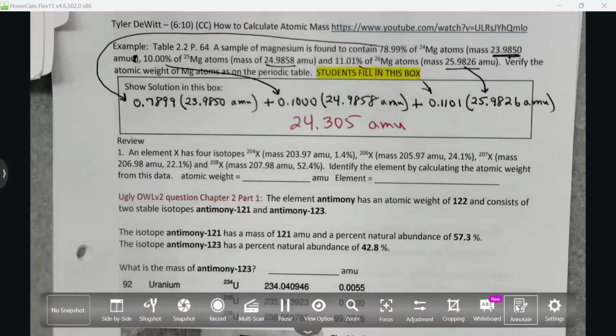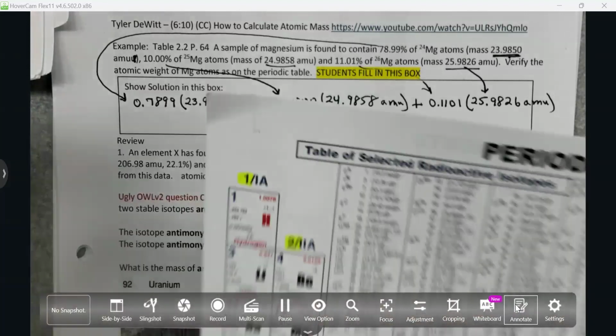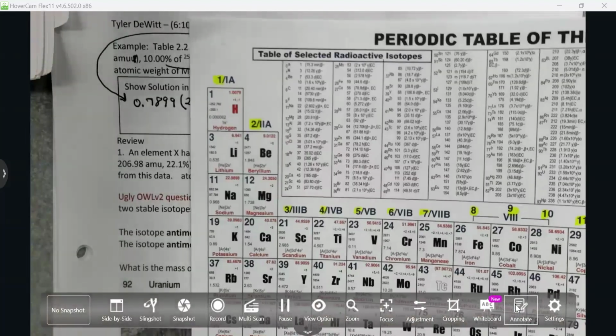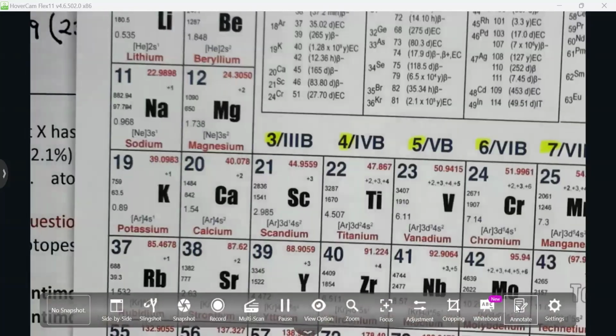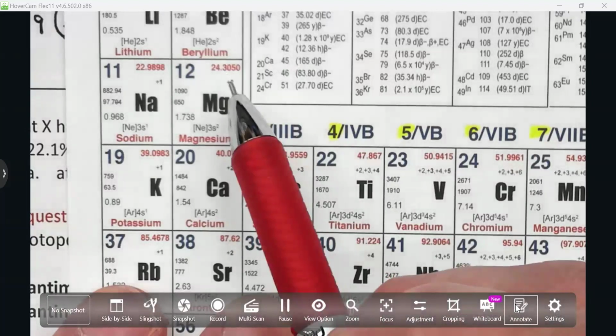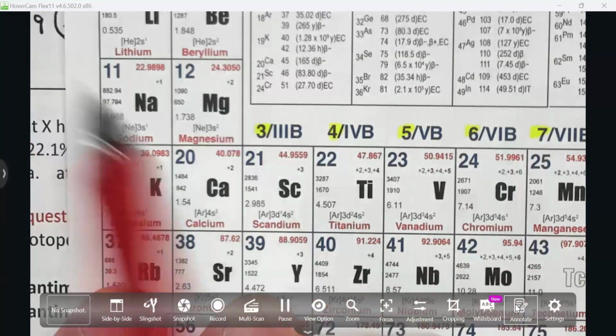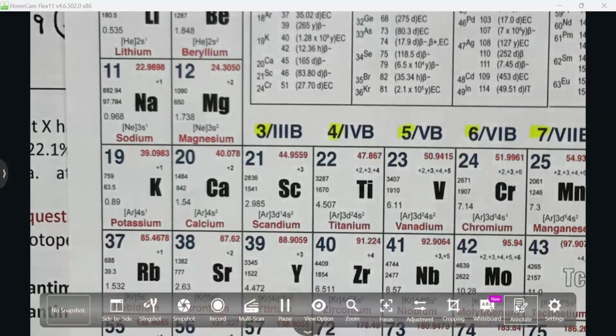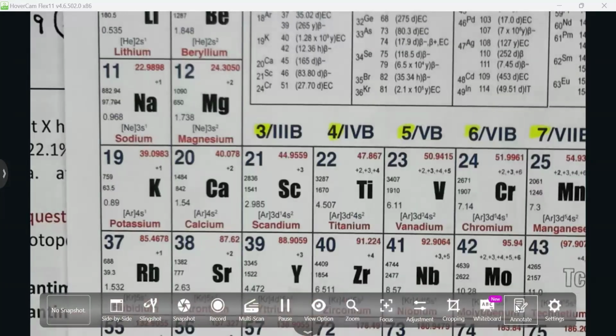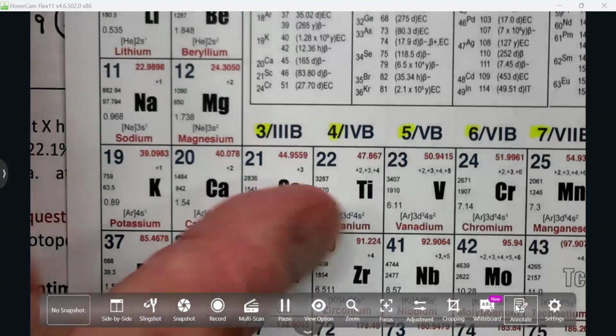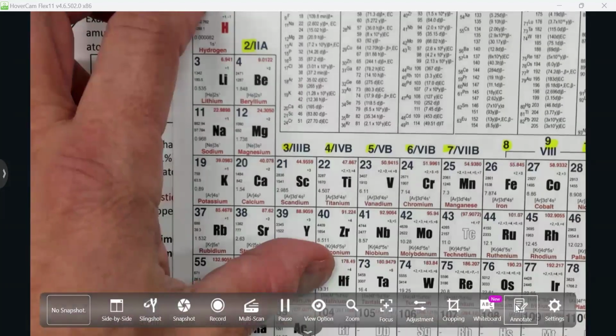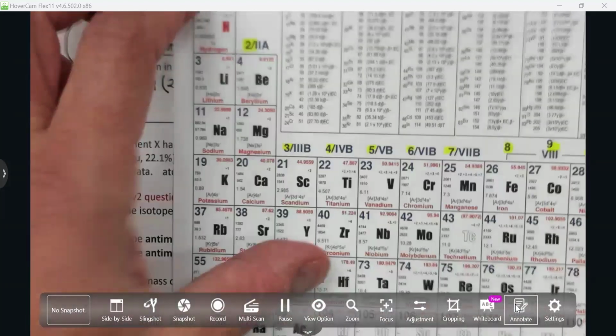Therefore, you look at our periodic table for magnesium: 24.305. Weighted average, right? This is the weighted average. So all of the elements on here, if they have isotopes that are found in nature, what is on the periodic table is a weighted average.